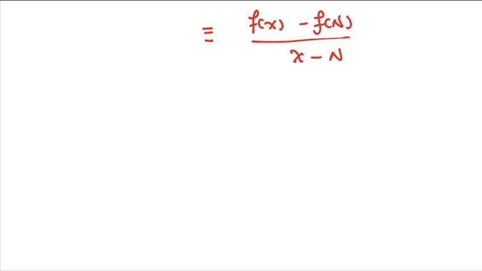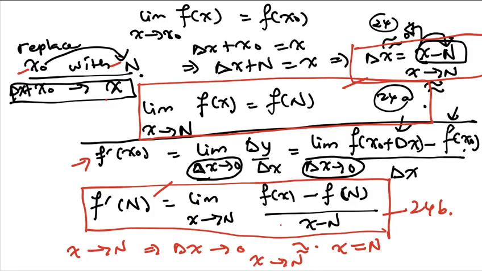I'm talking about this. Because x is not exactly equal to n, the difference between x and n is non-zero. It can be positive or negative or whatever value, as long as the difference exists.